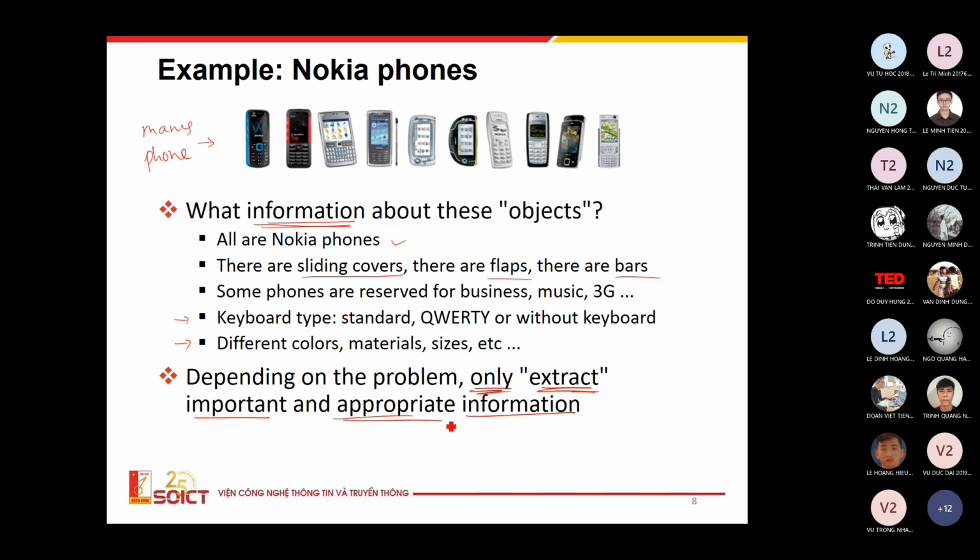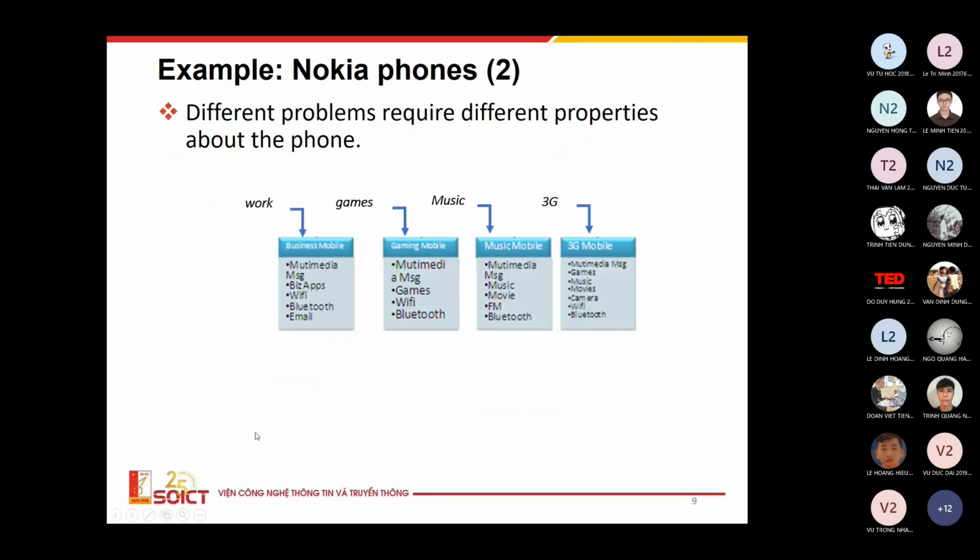Appropriate information may be more important than other information. For example, in different problems, you have some related to work, some to games, some to music, and some to network connection. So you can describe the Nokia mobile phone in different ways.